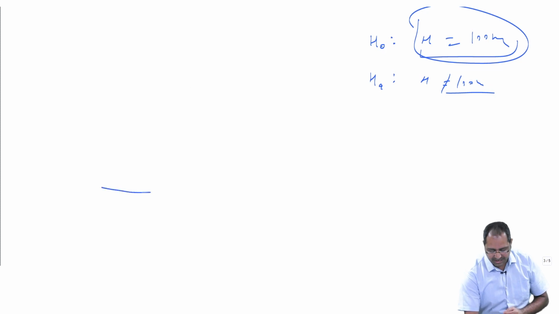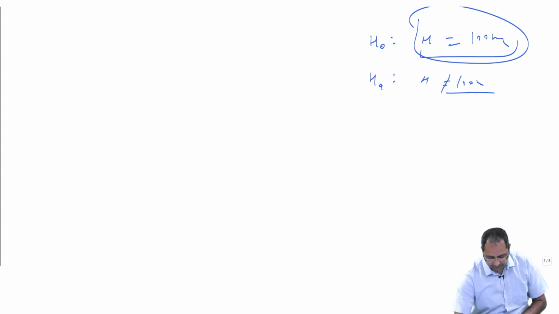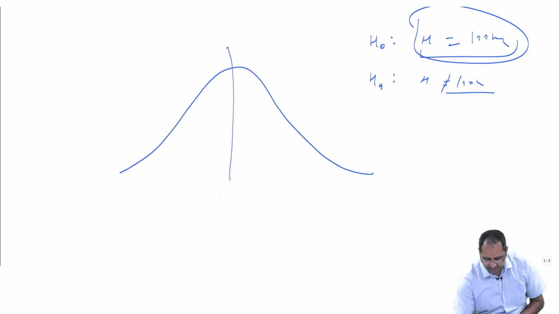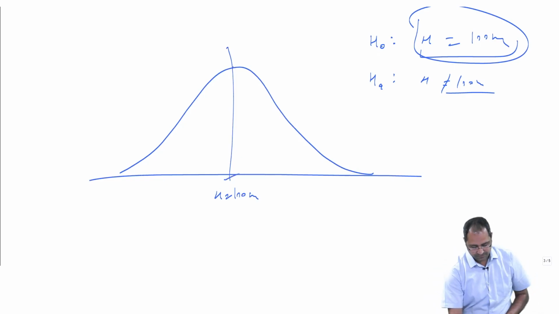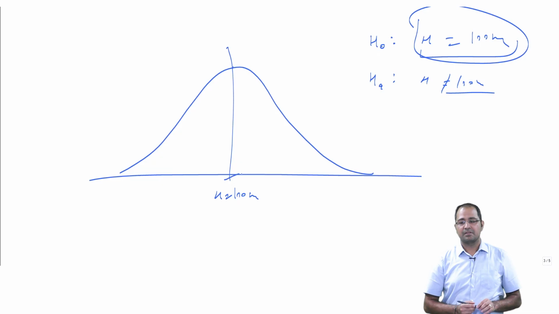Which means if we draw the sampling distribution, mu will be, assume that this is true. Which means, assuming that the instructor is true, what is the probability?